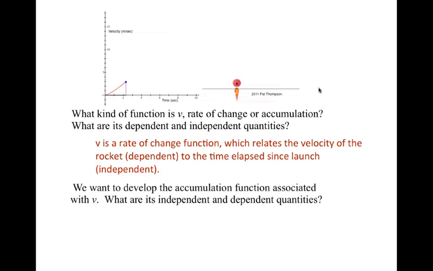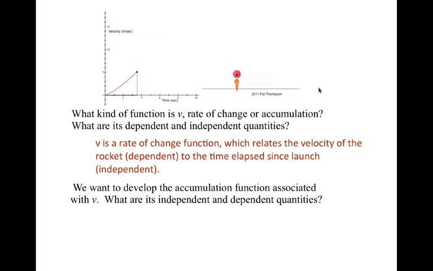We wanted to develop the accumulation function associated with V. What are its independent and dependent quantities? The independent quantity for an accumulation function for this rocket basketball is still the same as for the rate of change function: time in seconds since launch. The dependent quantity is accumulation.